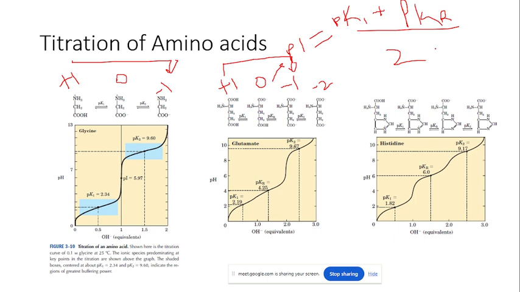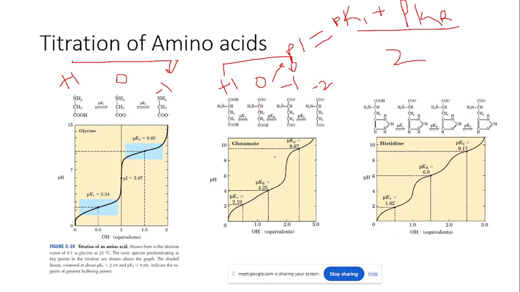Pranab, you understood? Yes, sir. So always check this transition plus 1 to minus 1. If your zwitterionic form or zero charge form is in between plus 1 to minus 1, then pI will be (pK1 plus pKr) by 2, right?